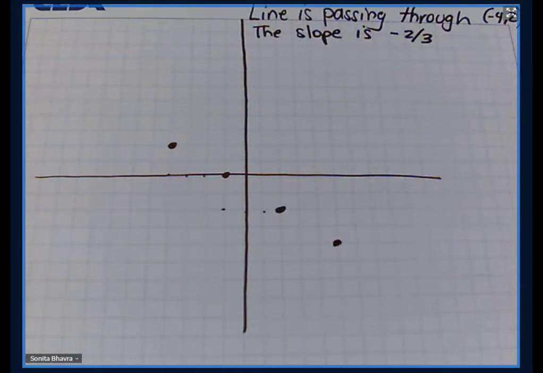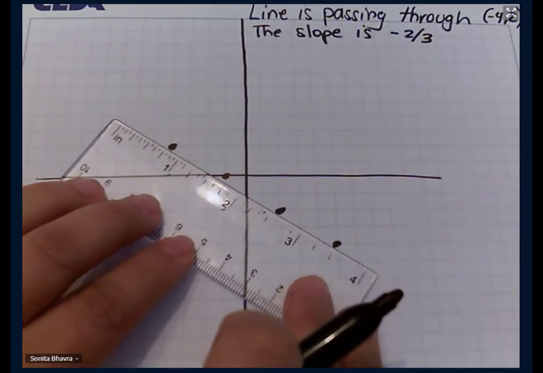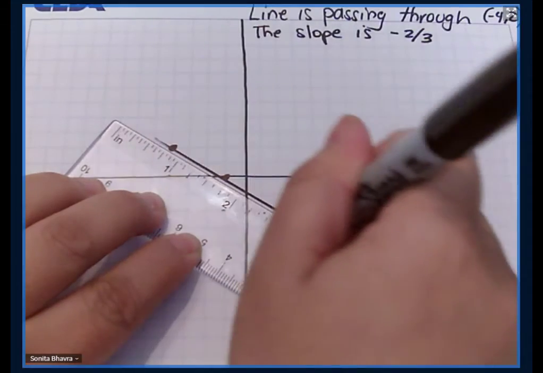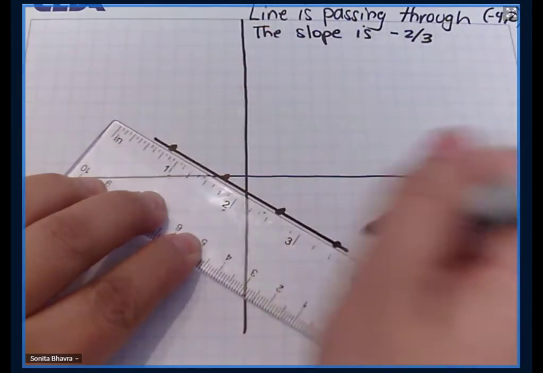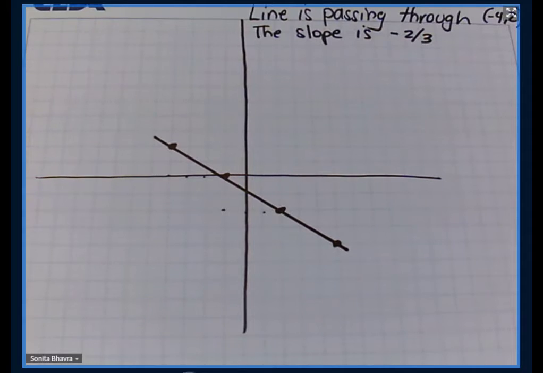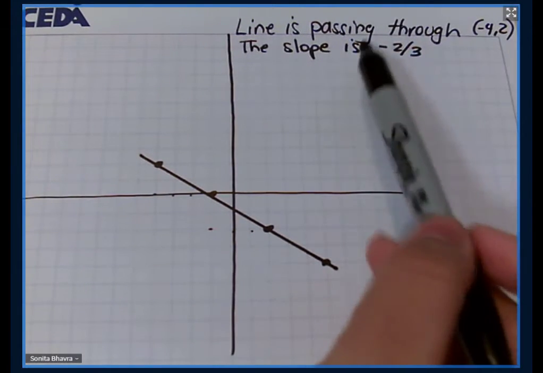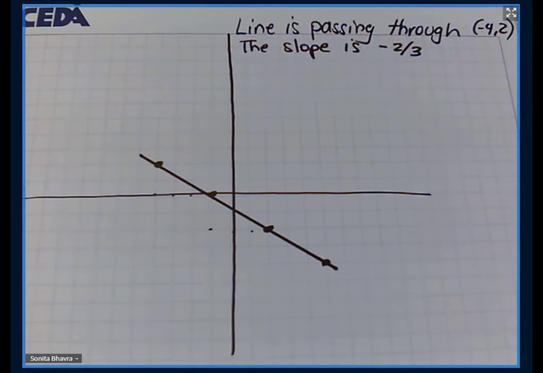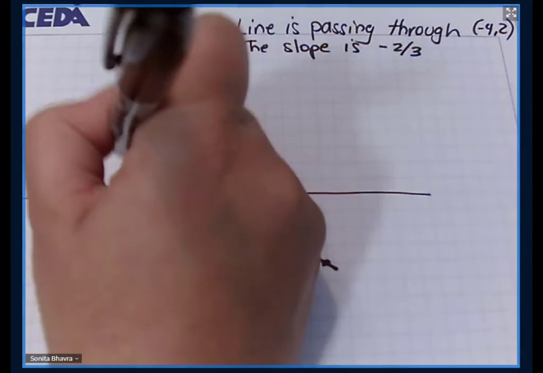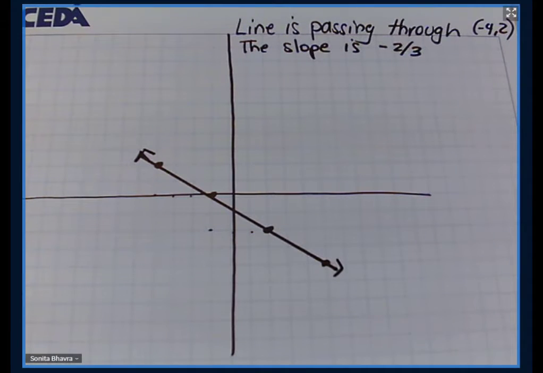Then you can connect your line using a ruler. Once you have a point and the slope, you are able to sketch the graph of that line. Just put arrows on the ends to show that the line continues indefinitely.